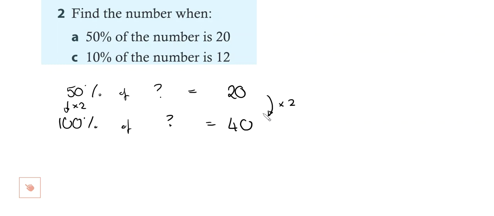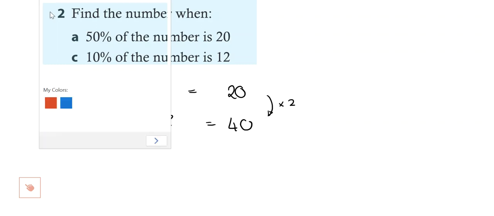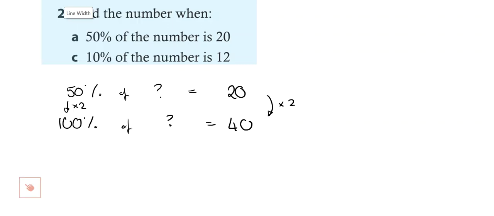Now, here's another thing. Another way to maybe think about it. We're introducing you to kind of an algebraic approach potentially. So what I'm going to say is this. 20 divided by something equals 0.5.